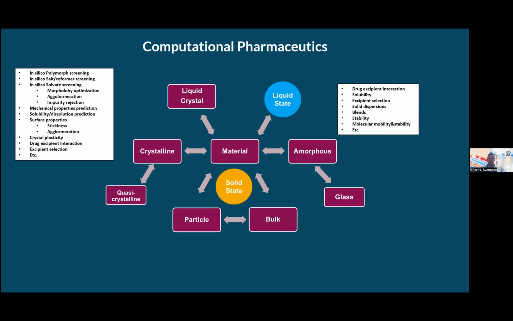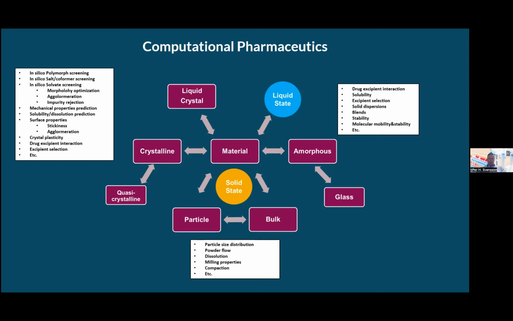For amorphous systems, there also exists a numerous amount of computational support, and here you can also get insight into kinetic properties. For both particle and bulk systems, there are also numerous areas where in silico support is available, however, to a somewhat lesser extent. But overall, there is robust computational support accessible.